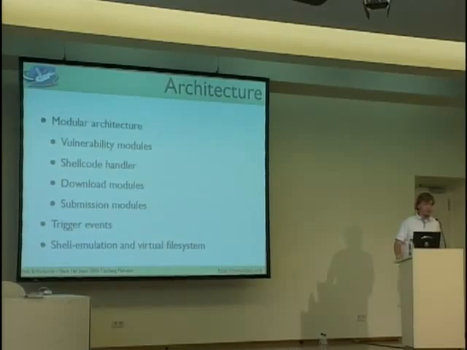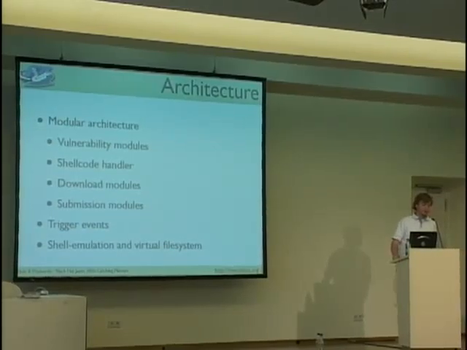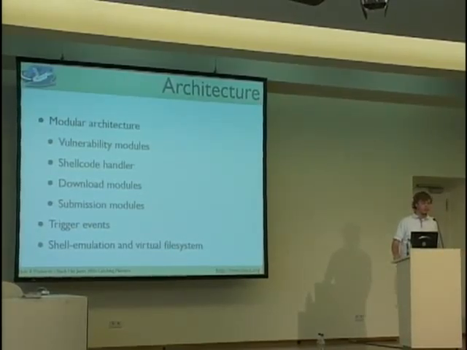So we have shellcode handlers, which analyze the shellcode. Then we generate some generic URL from the shellcode, which doesn't have to be an HTTP URL. It can be any kind of URL. So we have download modules to actually download the malware from a central distribution server or from the attacking host. Depends on the bot again. And we have submission modules to take care of the downloaded malware and spread it in our collection servers or whatever.